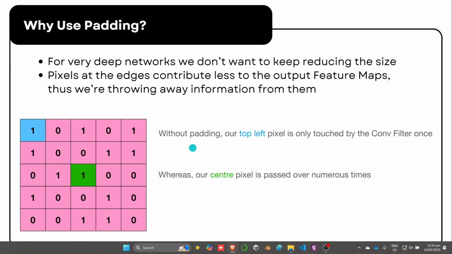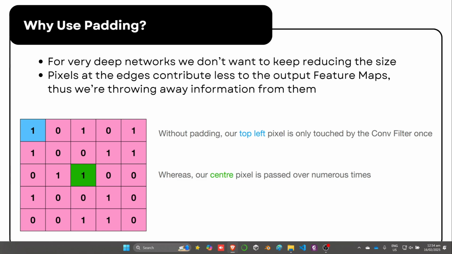So why do we use padding? As I said, it's not always desirable to have the image shrink. But why is that so? Well, very deep networks store a lot of information.